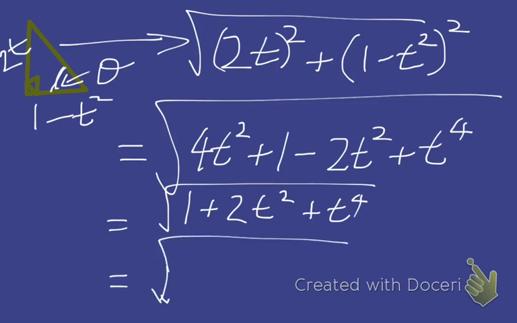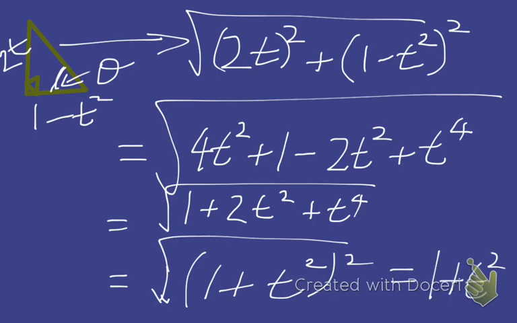Pausing for effect. It's a perfect square, isn't it? So then this thing is 1 plus t squared. So I can colour it in. Let's go red. Up here. So I know that this side here is now 1 plus t squared.